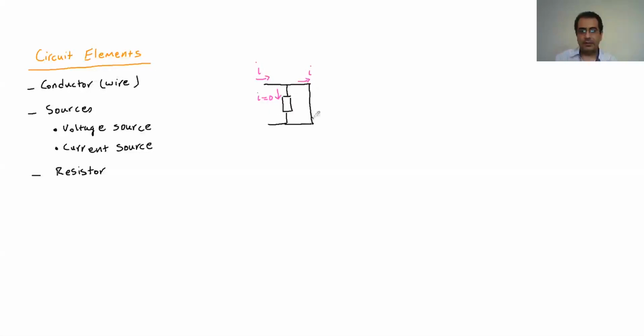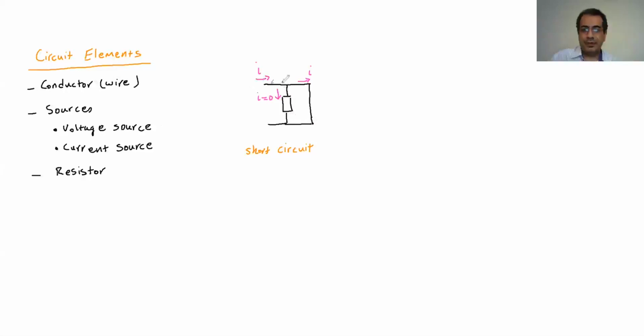And this is what we have here, that if we have something like that, this one is called a short circuit. It's a short circuit. So here the same, all the current goes through that wire, and nothing goes through that element.